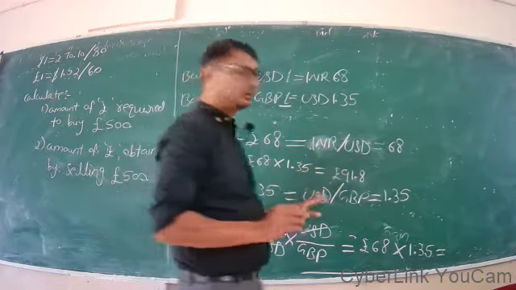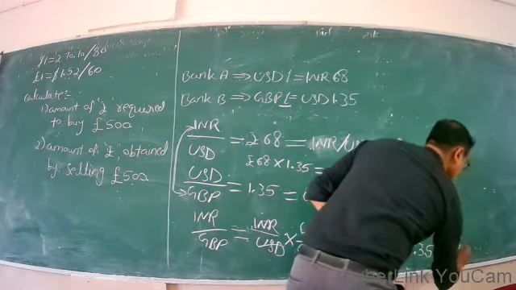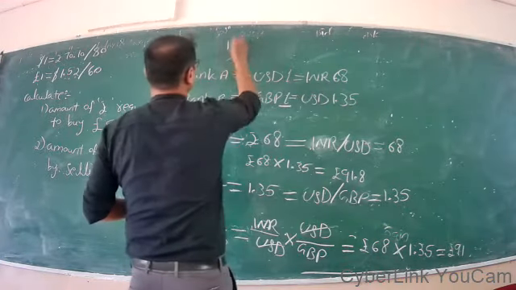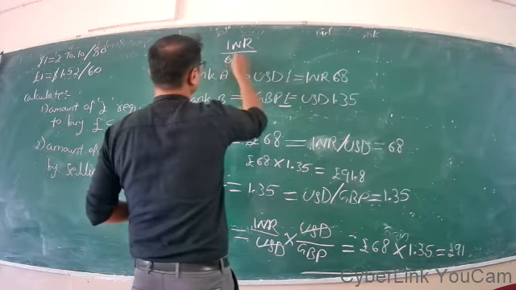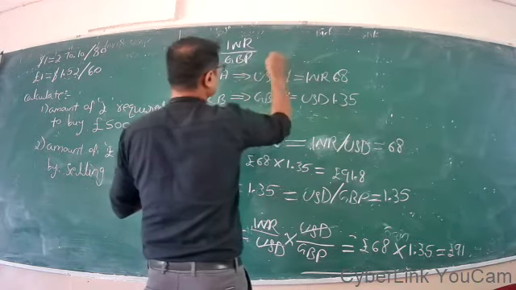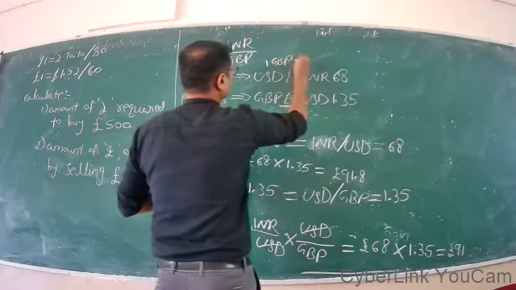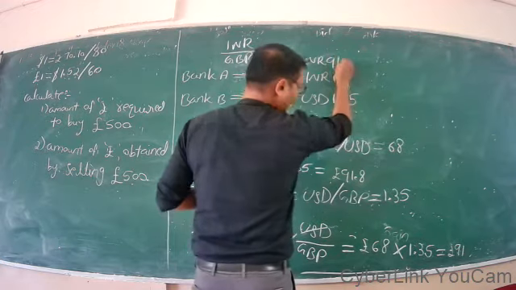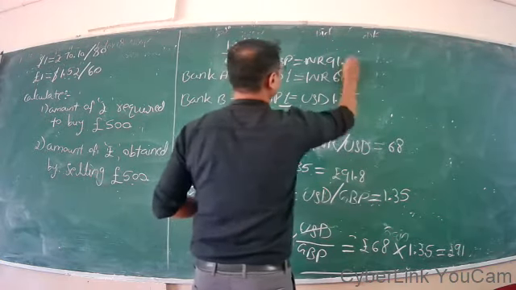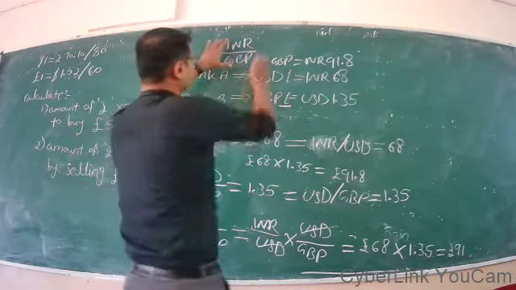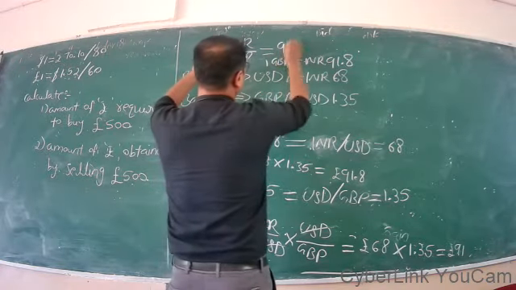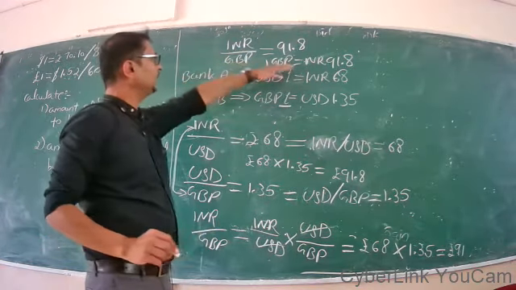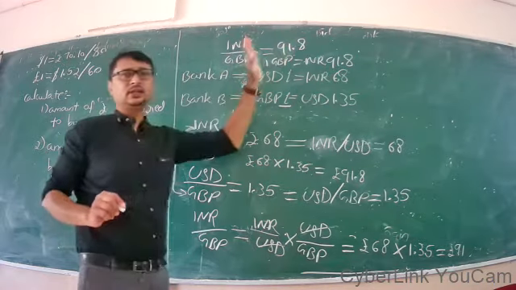So straight away we get rupees 91.8, which is nothing but INR per GBP. That means 1 GBP is equal to Indian rupees 91.8.